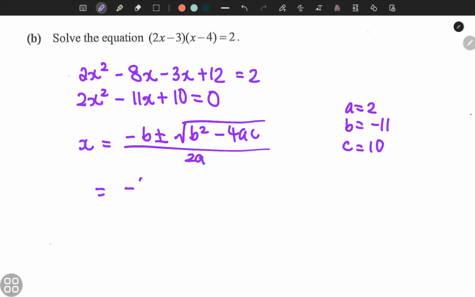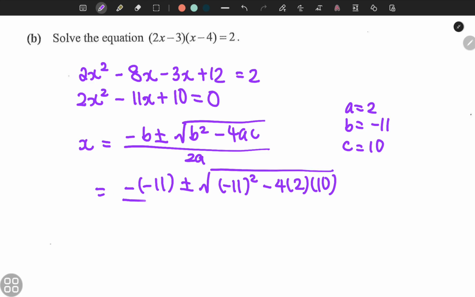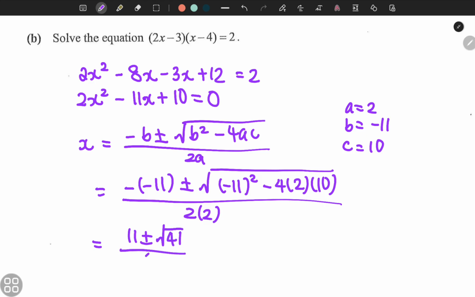So I have negative of negative 11 plus minus the square root of negative 11 squared minus 4 multiplied by 2 multiplied by 10, to be divided by 2 multiplied by 2. Simplify this further, I have 11 plus minus the square root of 41 divided by 4.